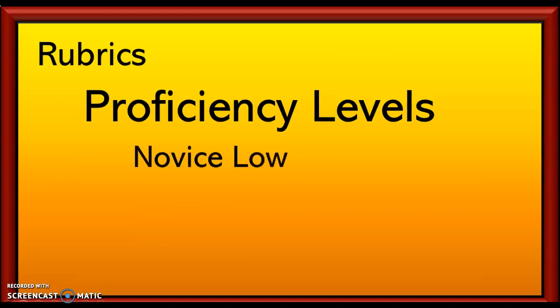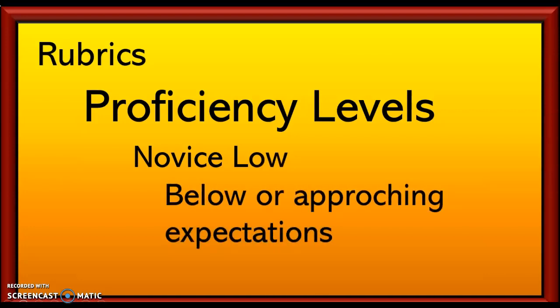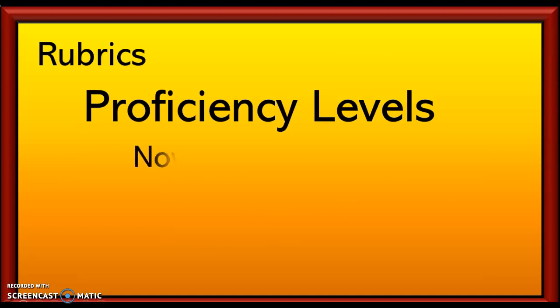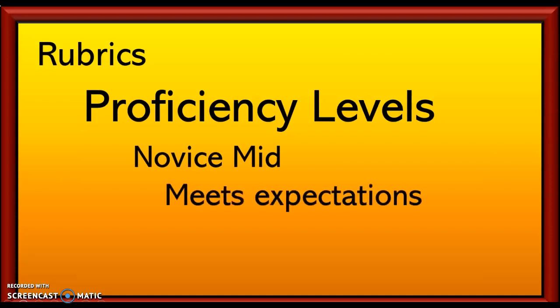So a little bit more detail on the proficiency levels. A novice low means that a student is below or approaching the expectations that we would have had for this performance-based assessment. A novice mid would mean that the student would meet the expectations at this level.